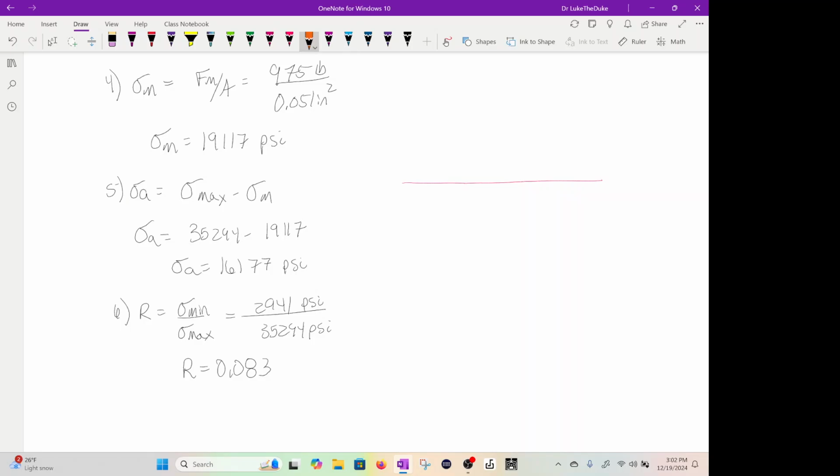Oh, let me go up. Here is sigma m. And then it's going to go up and down and up and down, because it's 1,800 pounds to 150 pounds, up and down. From here up is what we call sigma a.